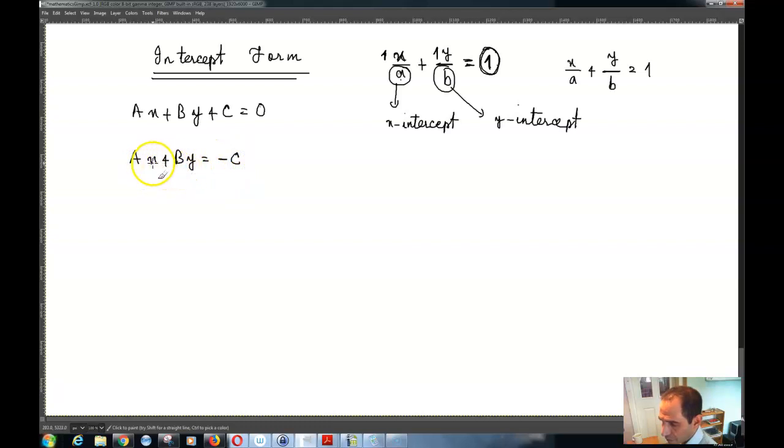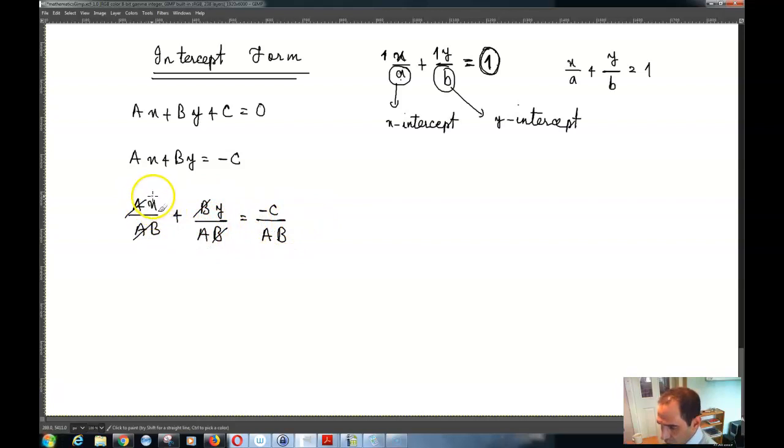Then if I divide every term by ab, I get ax over ab plus by over ab is equal to negative c over ab, and then a and a cancel out here, b and b cancel out here.